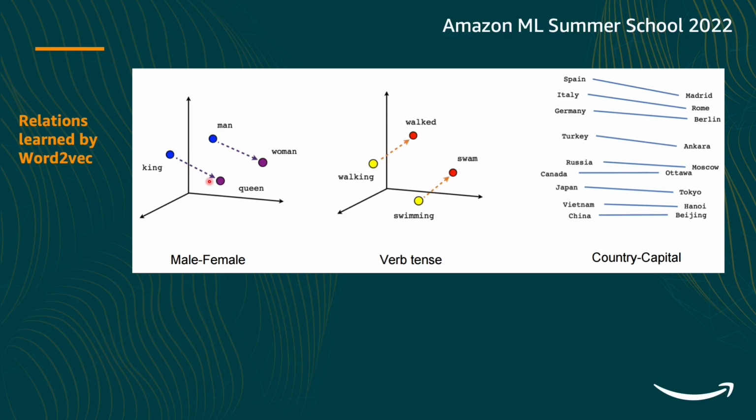Similarly, we can have the relation between different verb forms like walking, walked, swimming, swam, and also a similar relationship between the countries and their capitals. So it is able to do this kind of analogical reasoning using simple vector arithmetic.